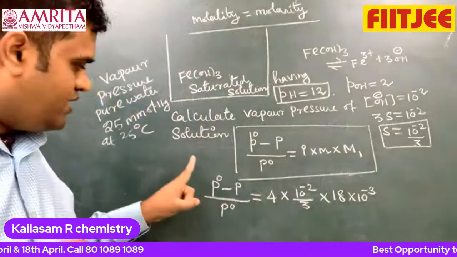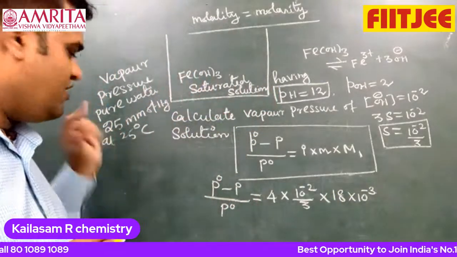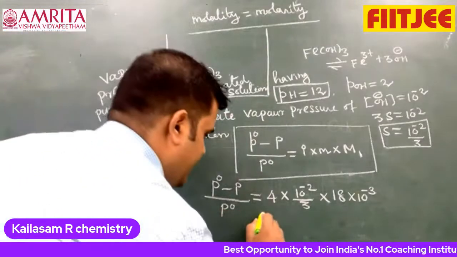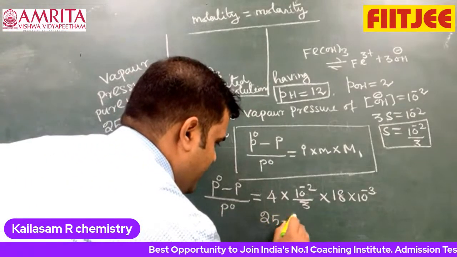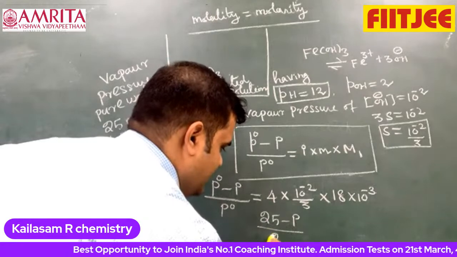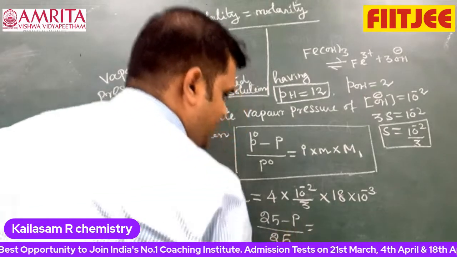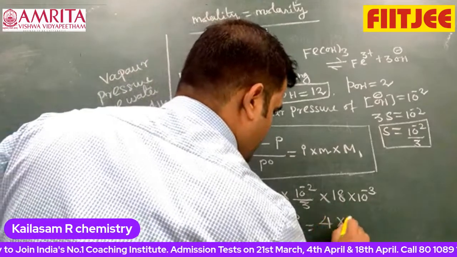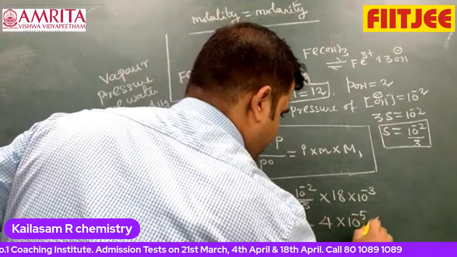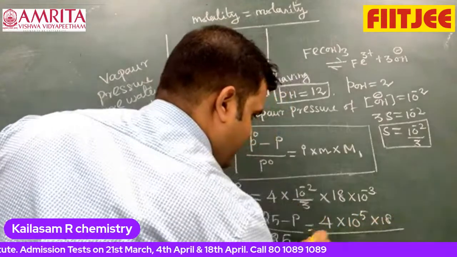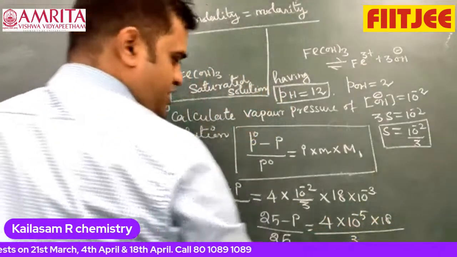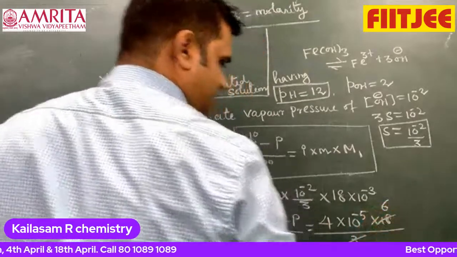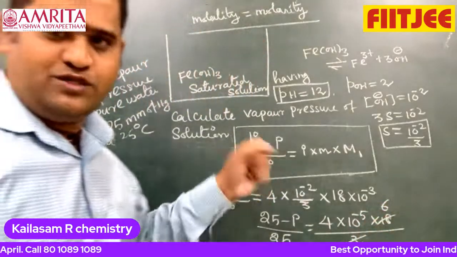Now substitute that. What is P0? Nothing but 25. 25 minus P by 25 is equal to 4 into 10 power minus 5 into 18 by 3. 18 by 3 is 6, and 6 fours are 24.